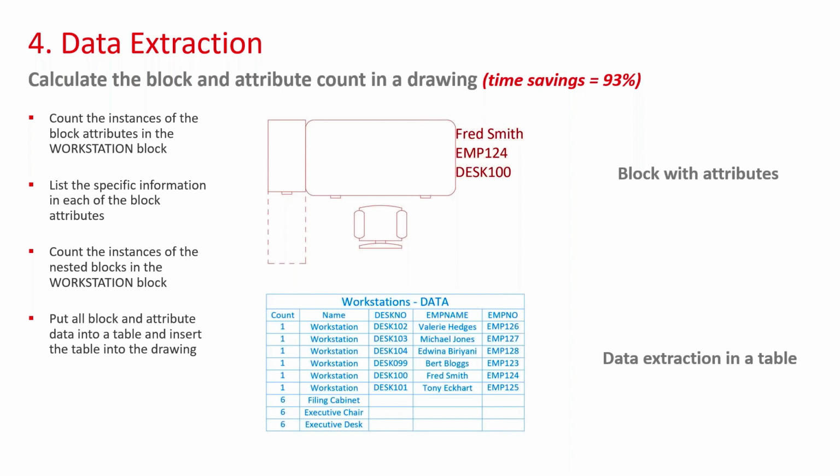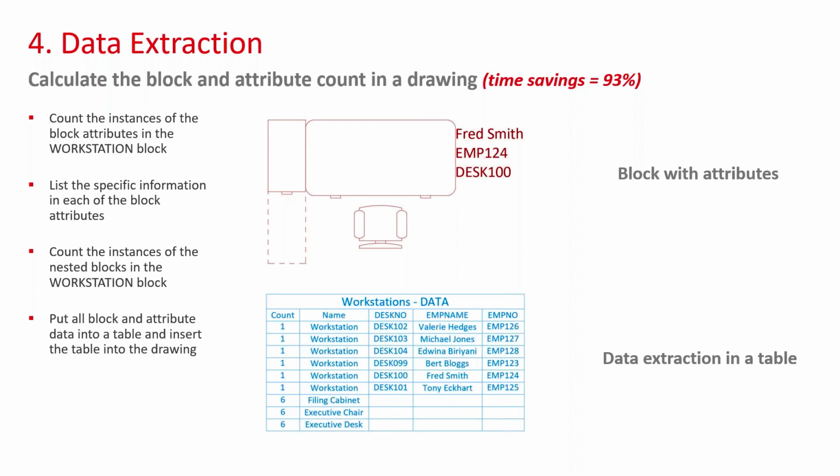We're also going to count the instances of the nested blocks in the workstation block. You'll notice in the table on the slide at the bottom left, we've got 6 filing cabinets, 6 executive chairs, and 6 executive desks. Those are the nested blocks that are then converted into one block, the workstation block, which has those attributes against it: the Fred Smith, the employee 124, and the desk 100.